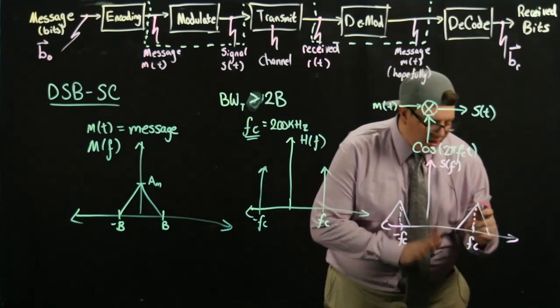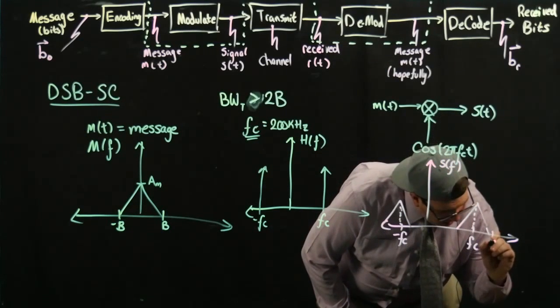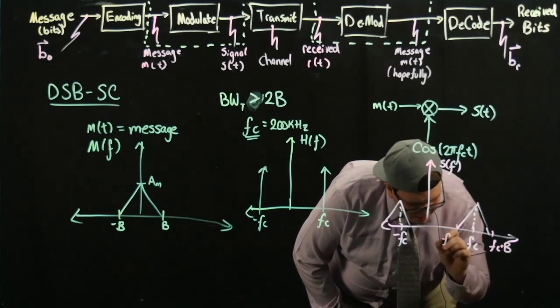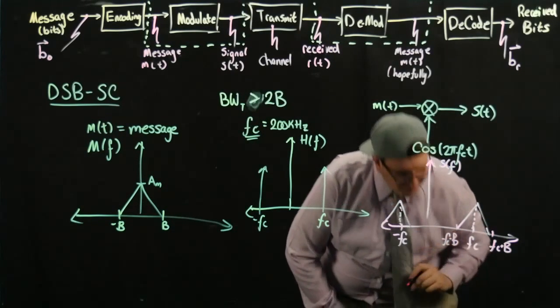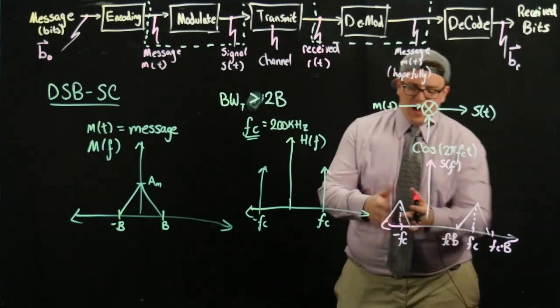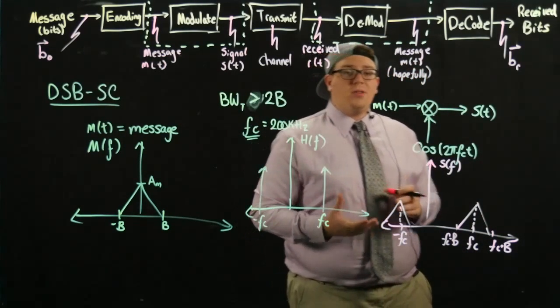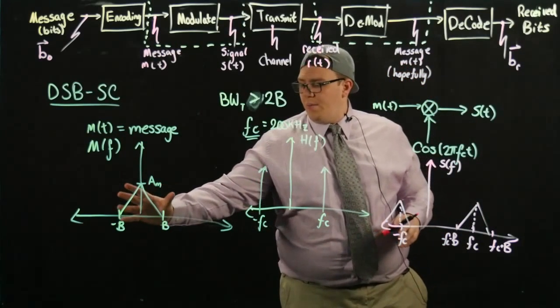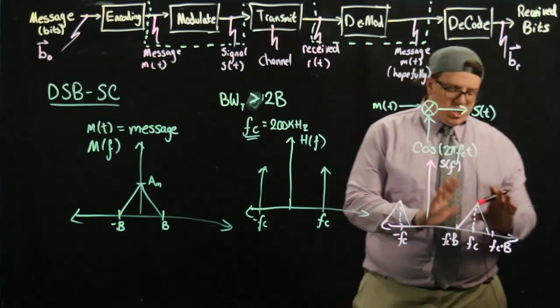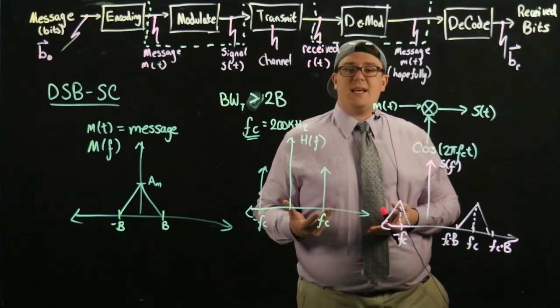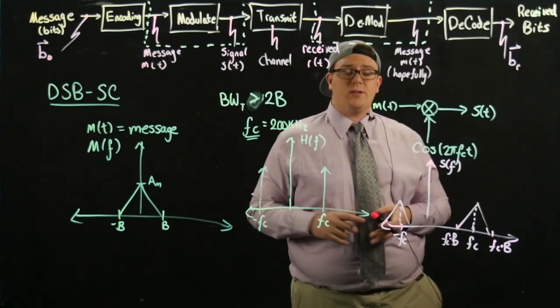These values out here are fc plus b and fc minus b, and I'm sure you can interpolate the values over here. The point is that we took both sides of this band and shifted it out to where we wanted, and by necessity we also get the other side, so that it's still a real signal.